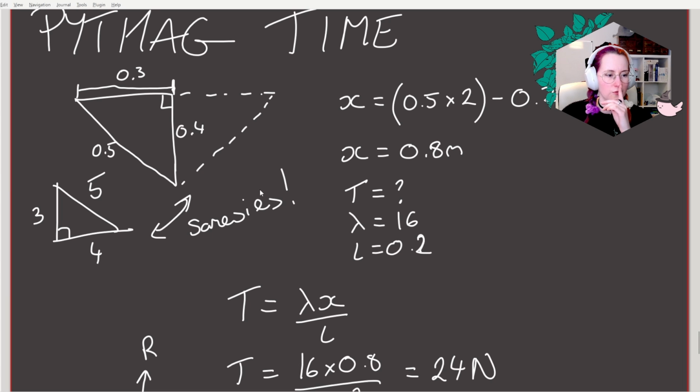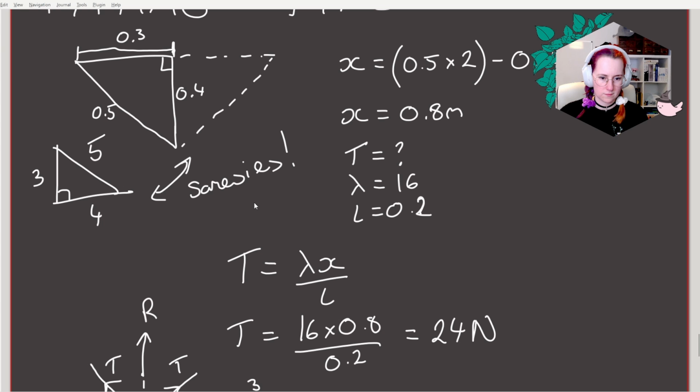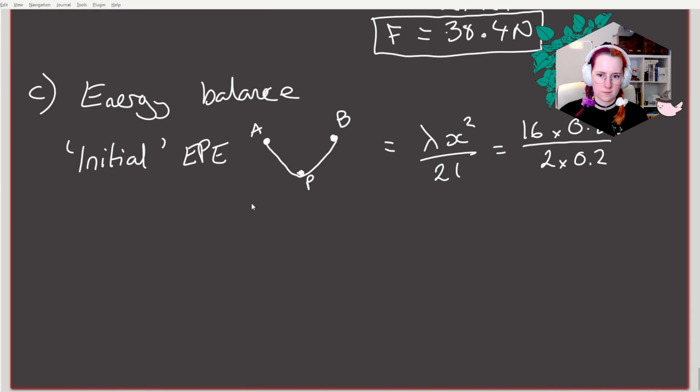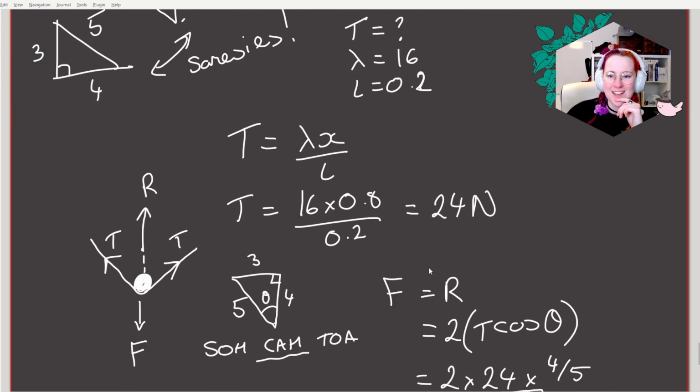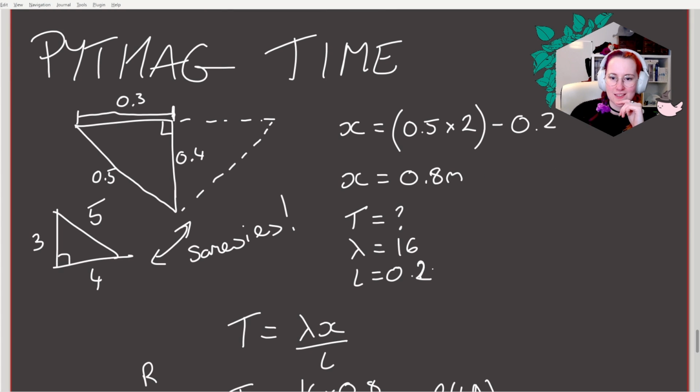I'm realizing something has gone wrong. That should be 0.6, earlier on in the tension calculation. What I just twigged was that I said this was minus 0.2, whereas it should be minus 0.4.